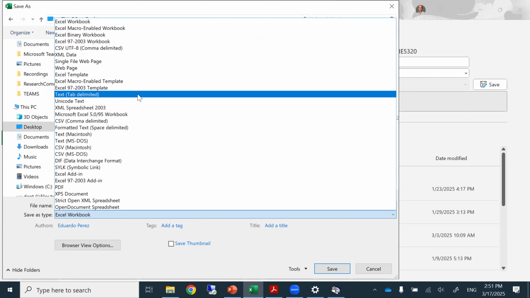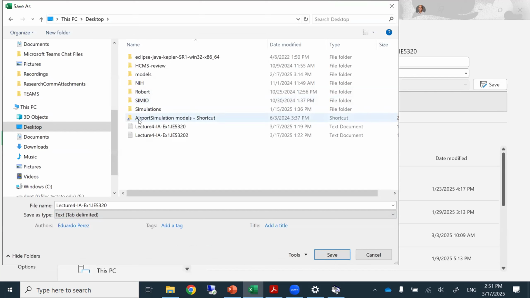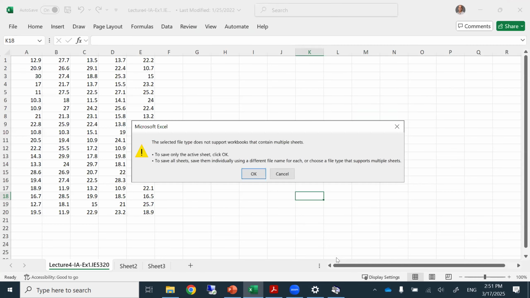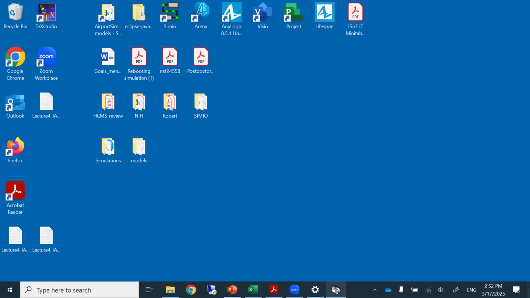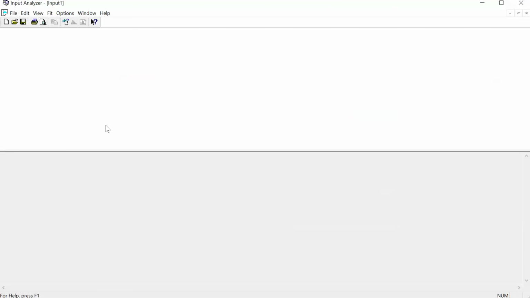So I'll save it as text. And then I'll put a 3 here and save it. You'll get this message basically saying, I have multiple sheets. I'm only saving one sheet. That's okay. I don't need the other 2 sheets. So, and then I can minimize this, go back to the input analyzer.